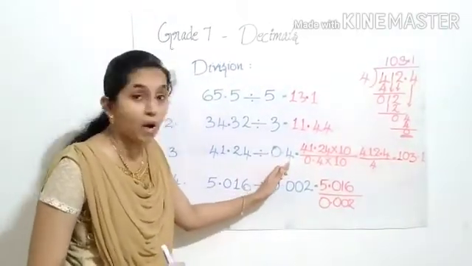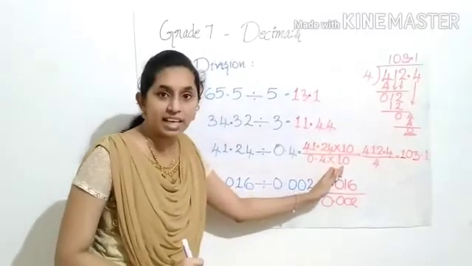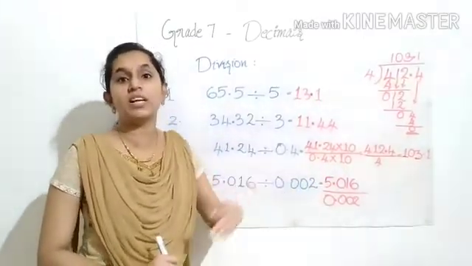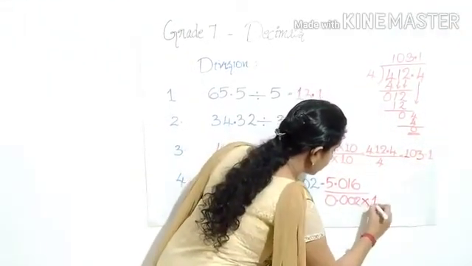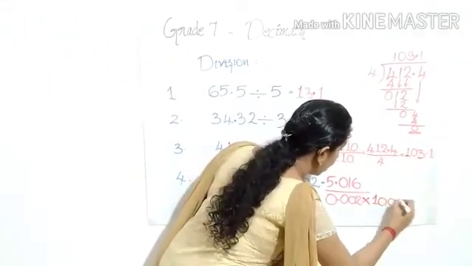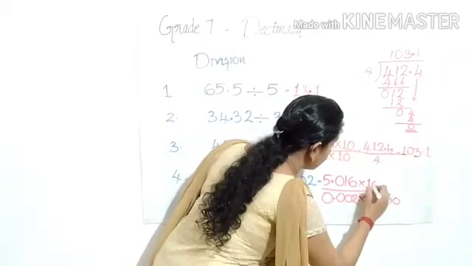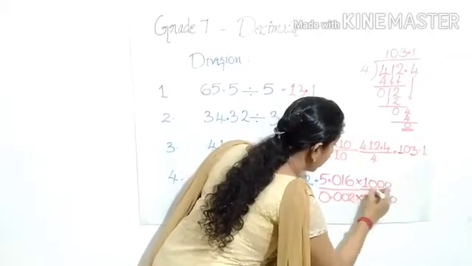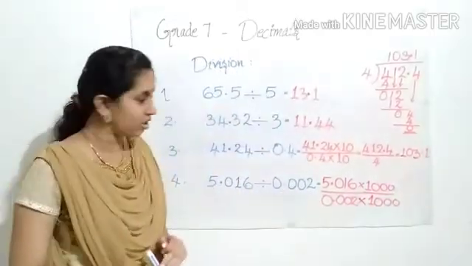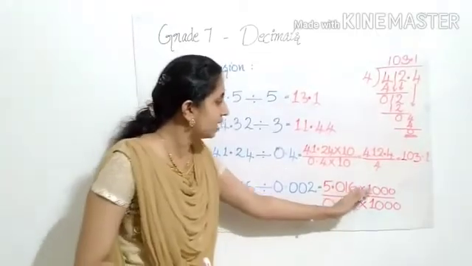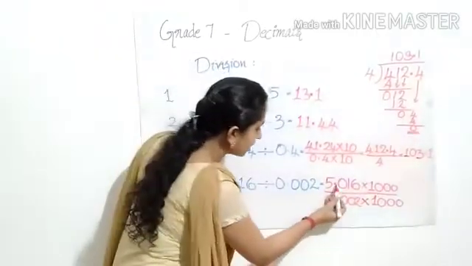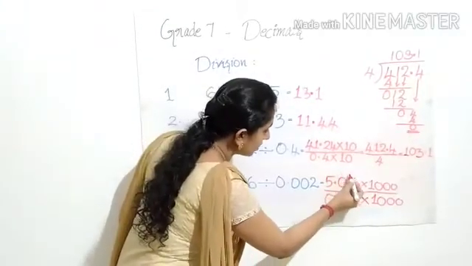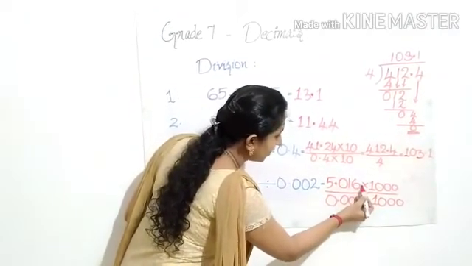Here it was only 1 place, that's why we took 10. If it was 2 places, we would take 100. And now here we will take 1000. Both numerator and denominator will be multiplied by 1000 to get rid of the decimal point. Okay, so multiplying by 1000 means 3 places towards the right. Now the decimal is here. When it moves 3 places, it reaches the end.